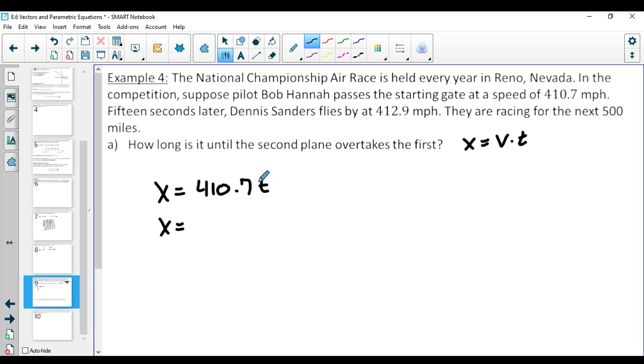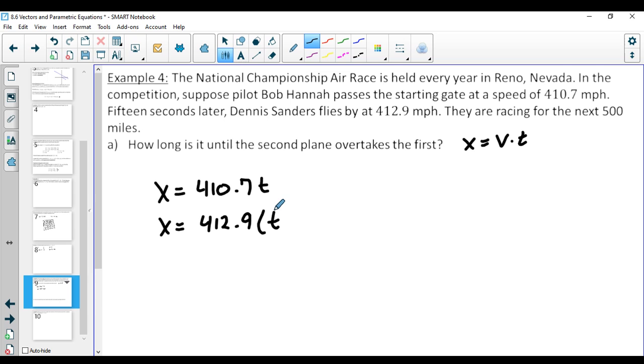Now, this guy flies by at 412.9 miles per hour, but 15 seconds later, right? So this guy's time, if he makes this turn or whatever he does and he starts going, the other person already has a 15-second lead on him.